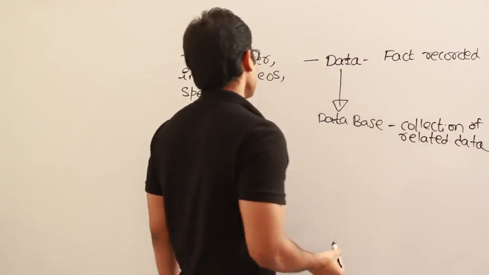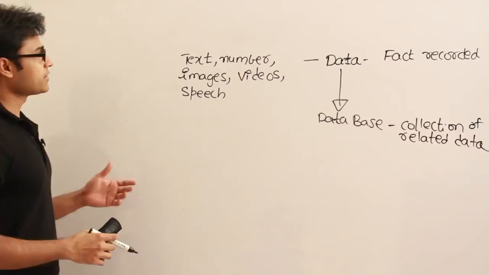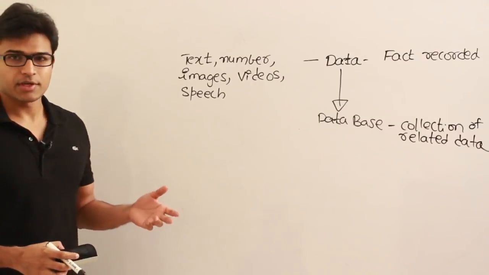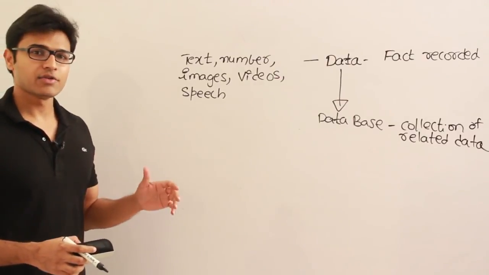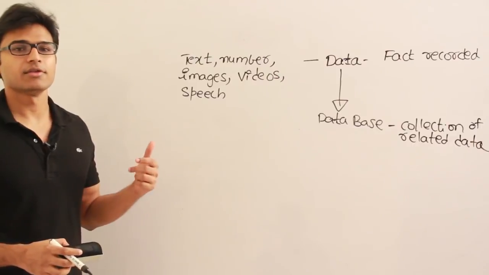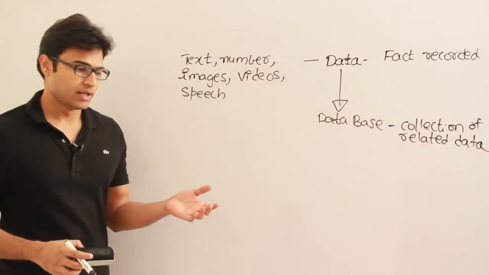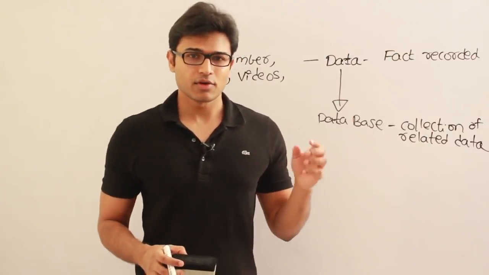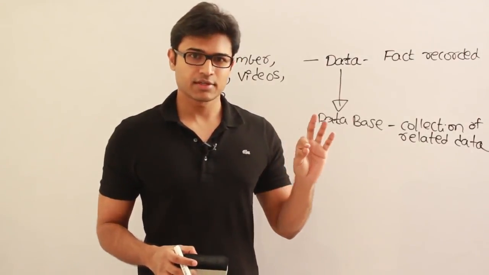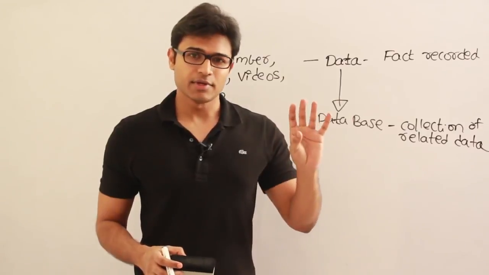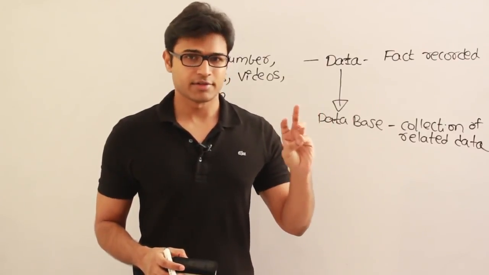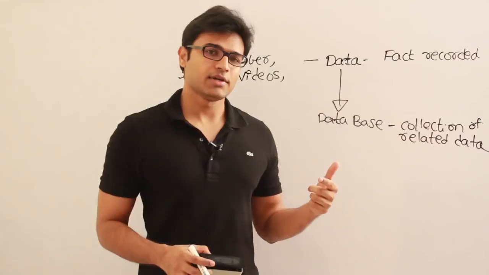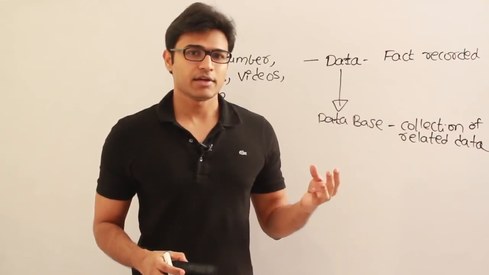Traditionally, databases have been applied only for data which is either text or numbers. For example, if you want to store something about a student, you are going to store the name, which is text, and maybe his age, his marks, and his address. All these are going to be text and numbers.